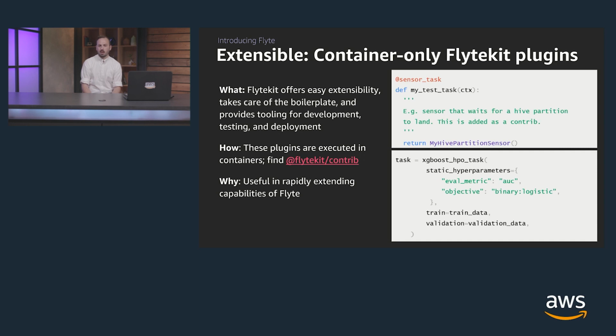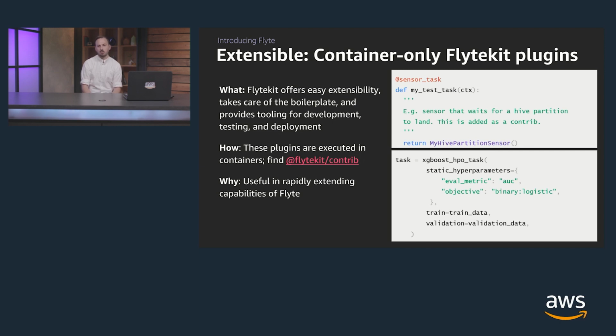So Flight has been designed with extensibility in mind, and we have a rich plugin model. In this example, I'm going to show the simplest plugin, which is an extension of the Python SDK to create a sensor task.